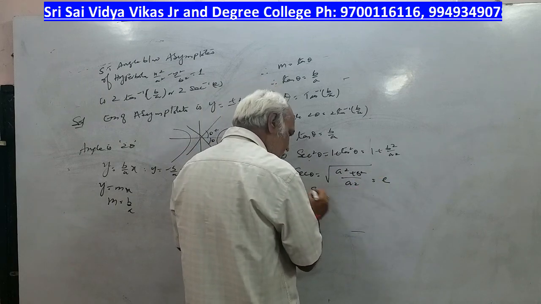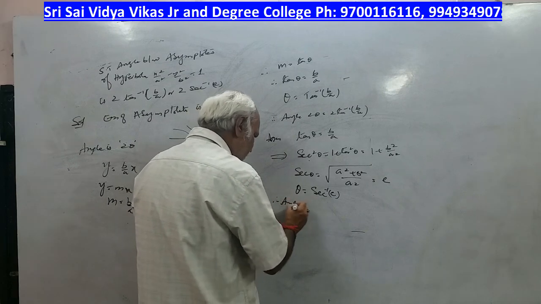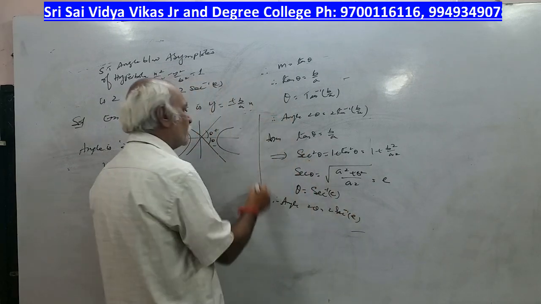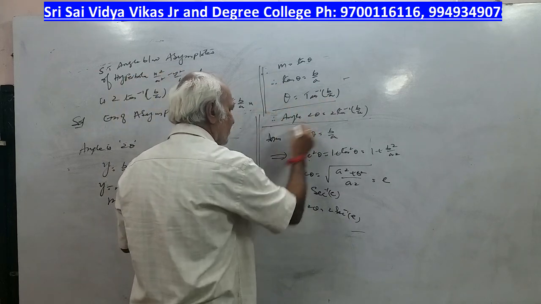Therefore, theta is equal to secant inverse e. Therefore, angle is what, sir? 2 theta. That is 2 secant inverse e. Second part, first part. First part is this one and second part is this.